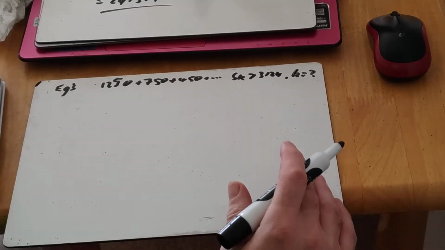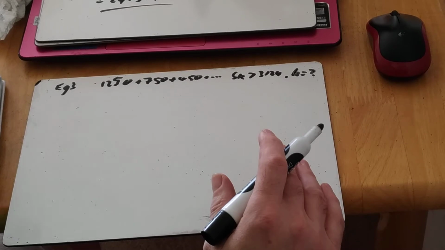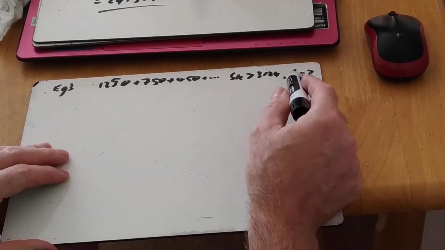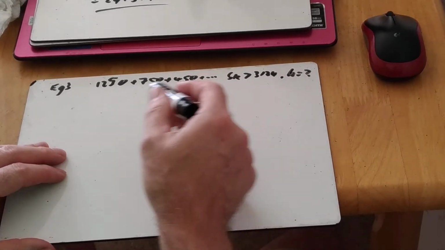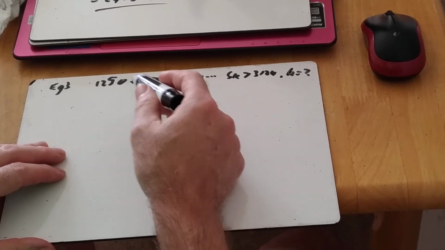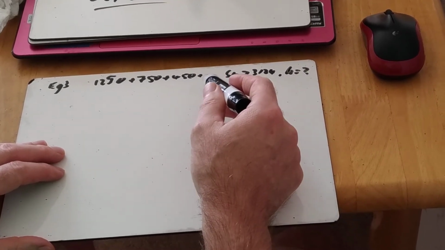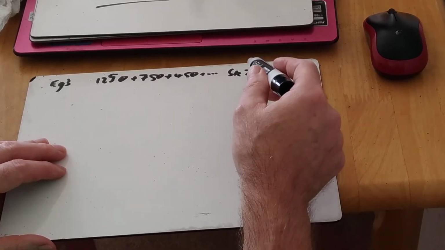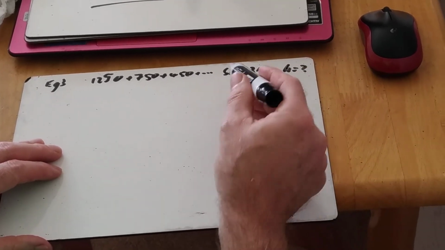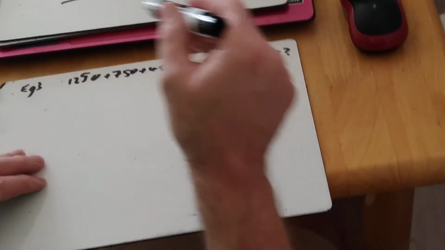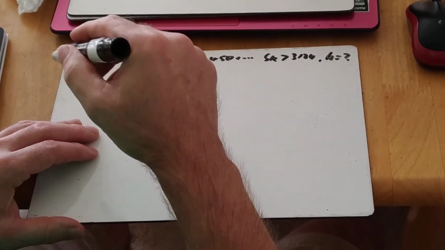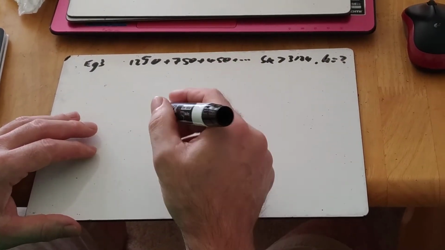And last one, similar to before, it'll probably be a logs question again, because they'll want a value for k. So our series goes 1250 plus 750 plus 450 and so on. We want where the sum is just going beyond 3124. So I'm going to put it equal to 3124, solve for k, and then whatever that value is, round it up.